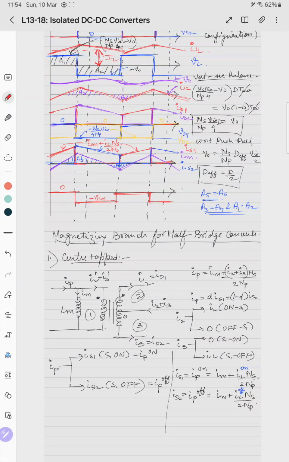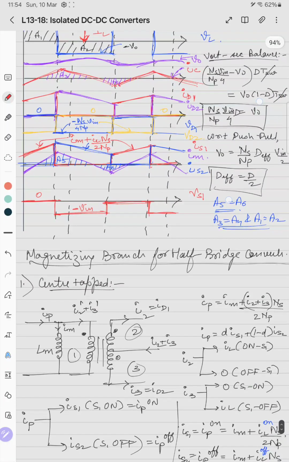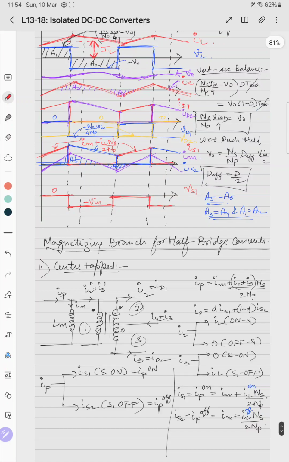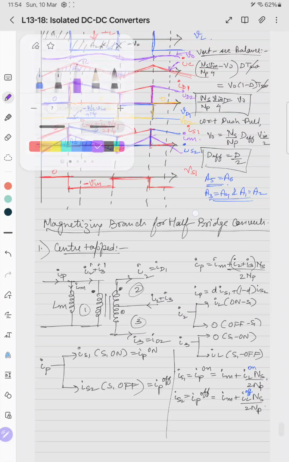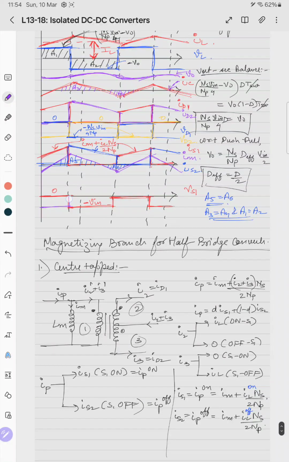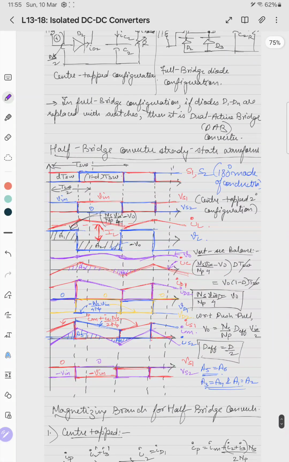This is VS1. We have done the diode voltages also, VD1, VD2, ID1, ID2. So now we have done IS1, IS2. Now with Im and IL, we'll draw VS1 and VS2, zero and minus Vin. So now we have drawn all the waveforms of the half-bridge converter.